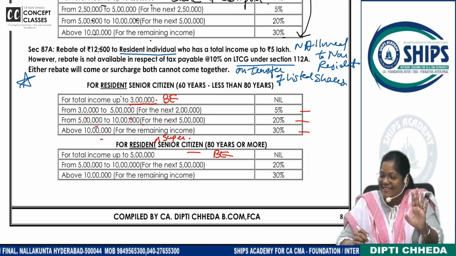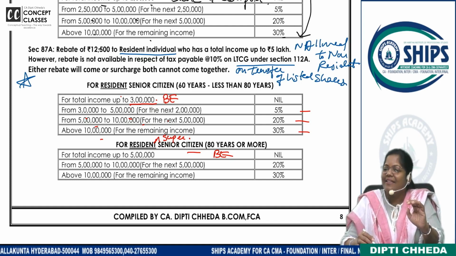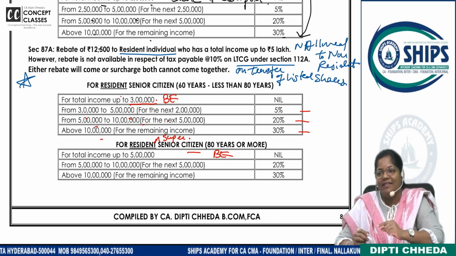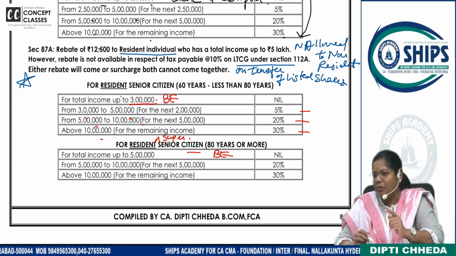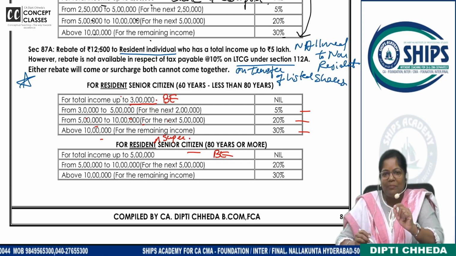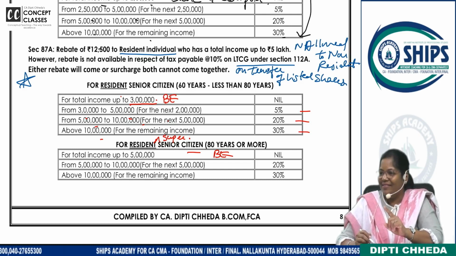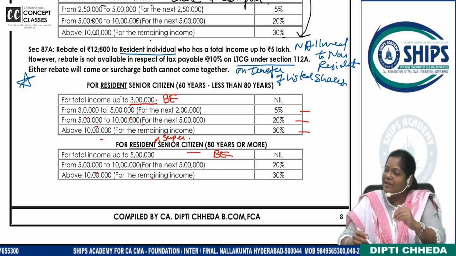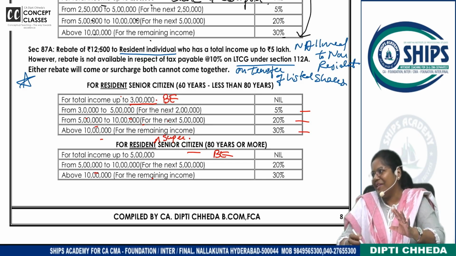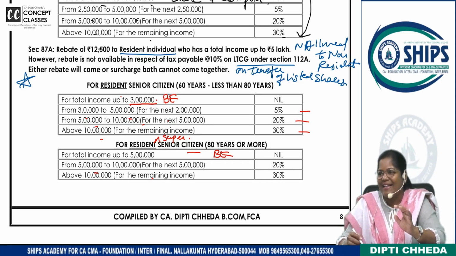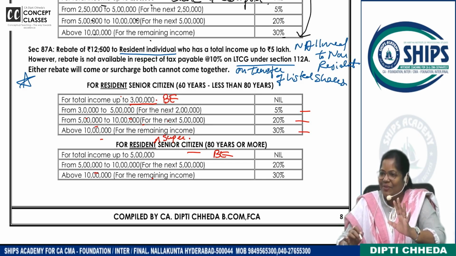Nil. 5 lakh to 10 lakh: now listen here, dear students, don't be rigid. 5 lakh to 10 lakh, ma'am, 5% will come first, then 20%? No. 5 lakh to 10 lakh directly 20%. 10 lakh above directly 30%. Are you clear?